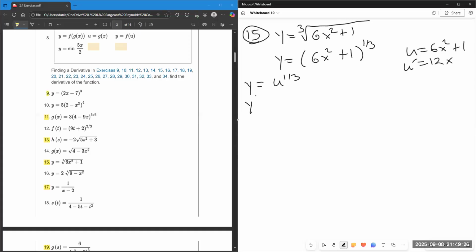So y prime is 1/3 u to the negative 2/3 power times u prime.